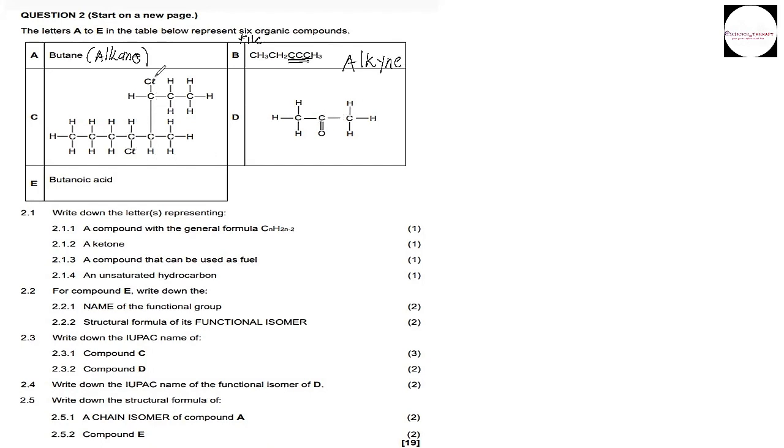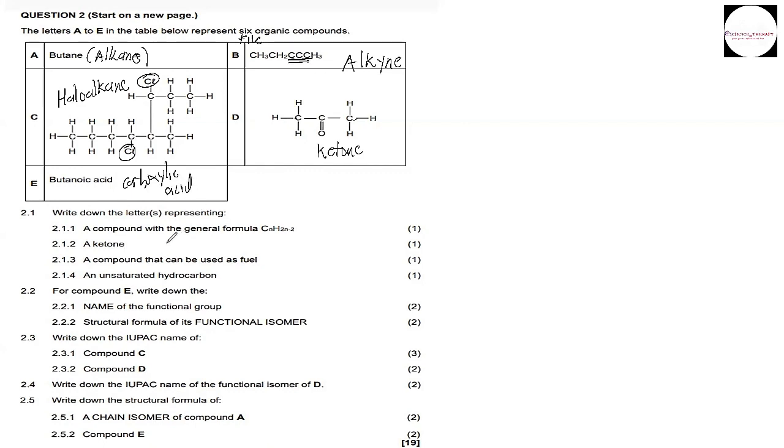And then because we have the halogens here, we know that this is a haloalkane. And then D here, because of the double bond oxygen that is in between other carbon atoms, we know that this is a ketone. So we see a carbonyl group there. Then butanoic acid belongs in the carboxylic acid homologous series.